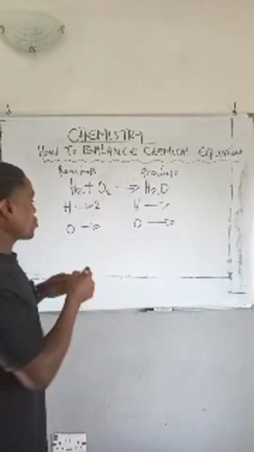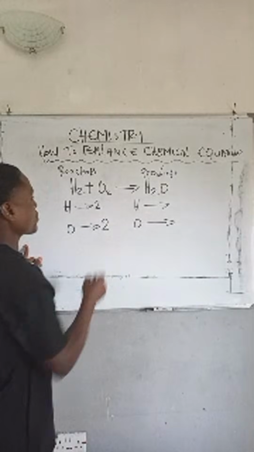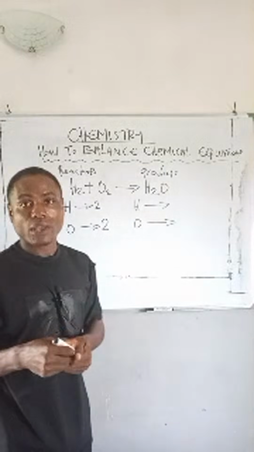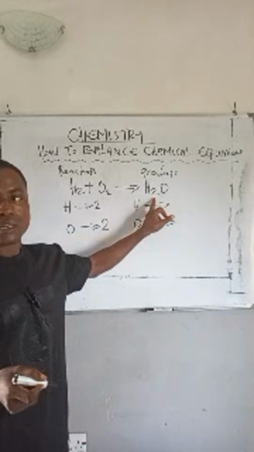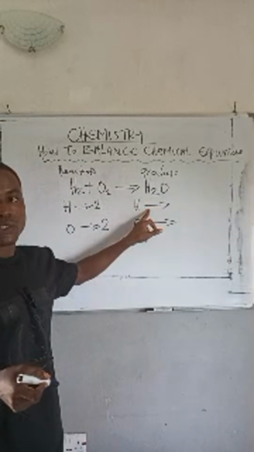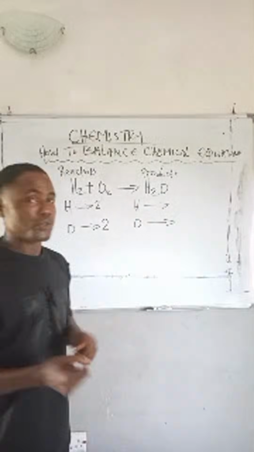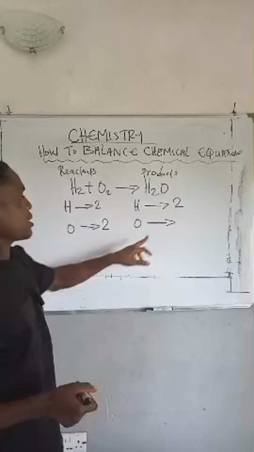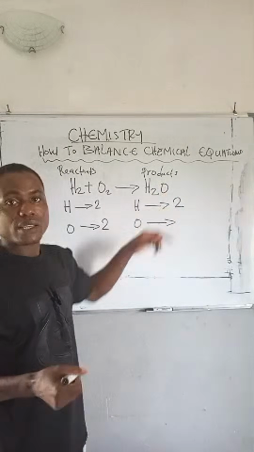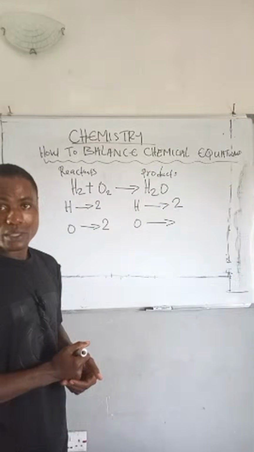How many atoms? Two, right? Are you getting it? Then let's move to the right side. The first element is hydrogen. How many atoms? Two, right? The second one, look at it. There is no number, isn't it?